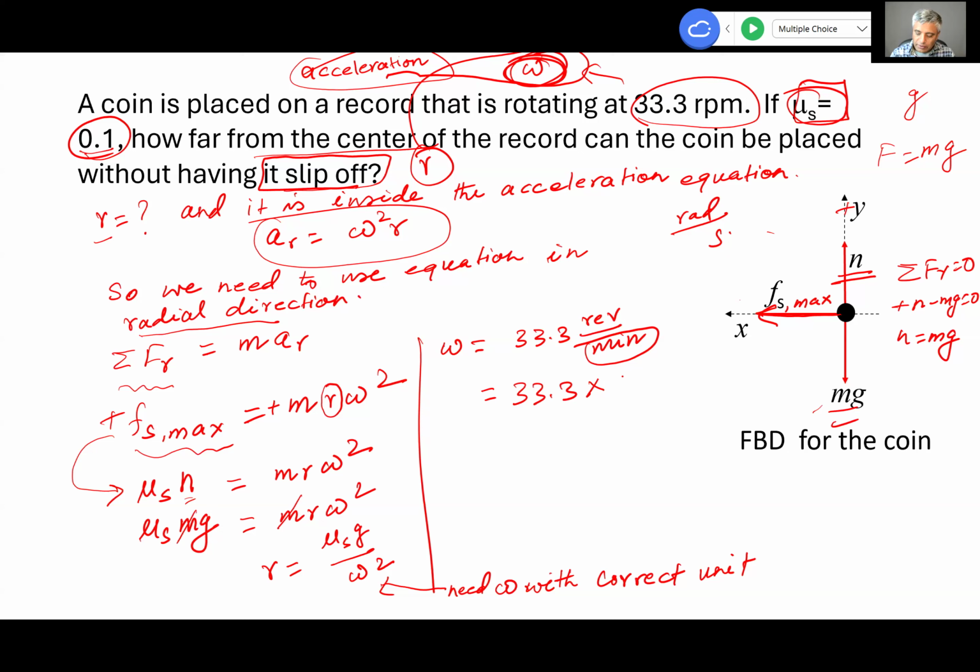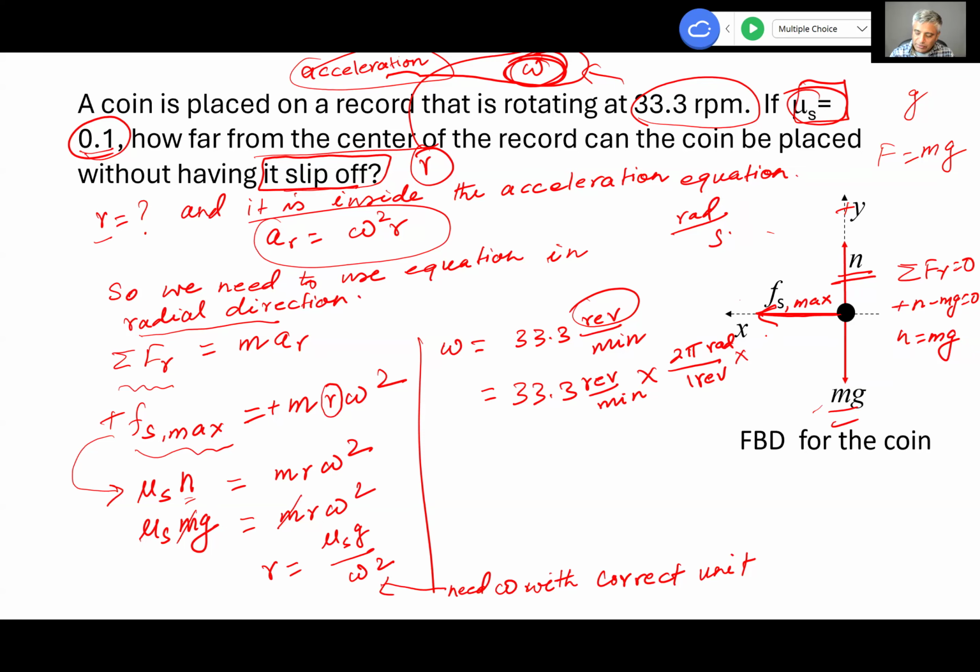So for the revolution, there is revolution per minute, so let me copy that. Then I want to get rid of revolution. So one revolution is 2 pi radian, and I'm converting and getting rid of that revolution by this factor.